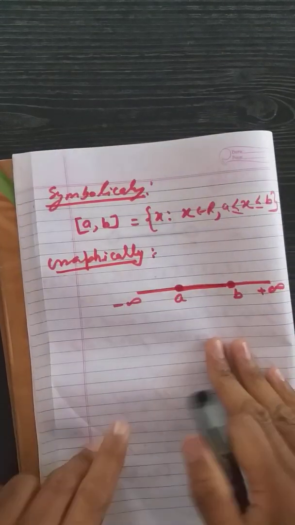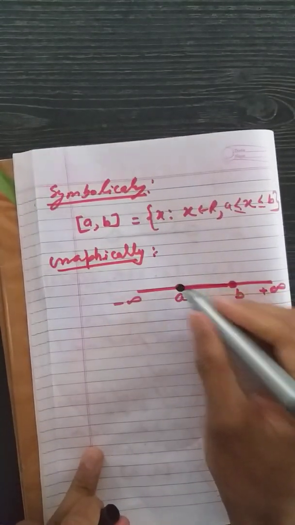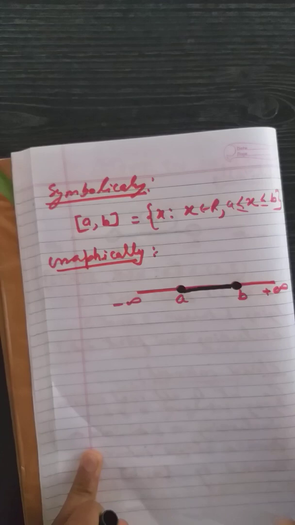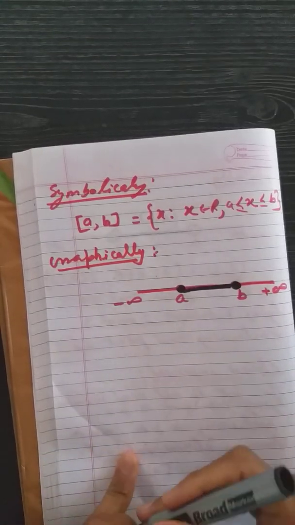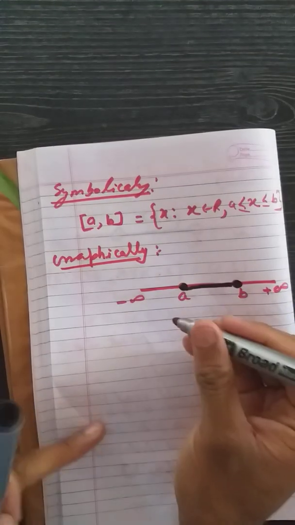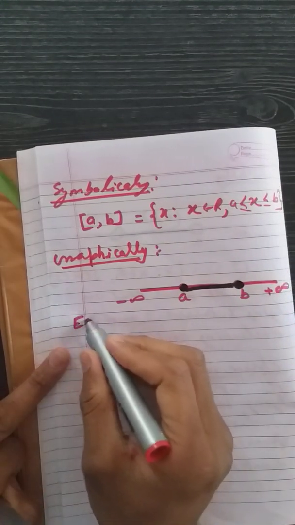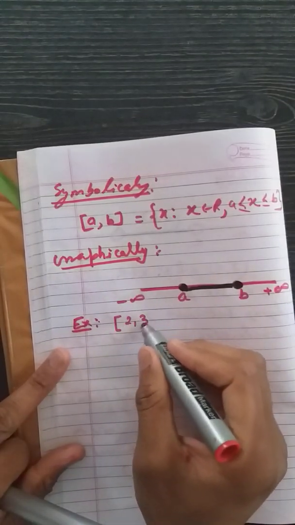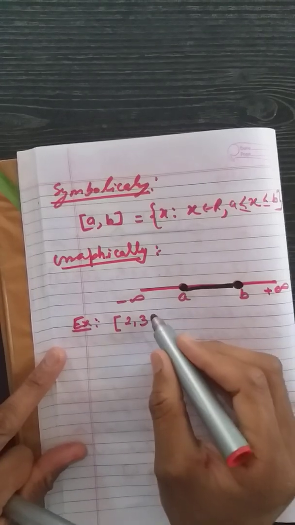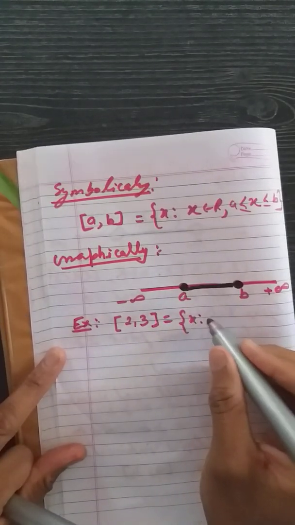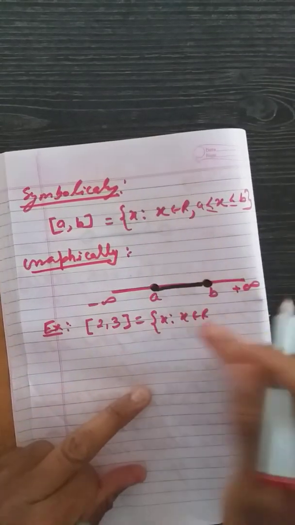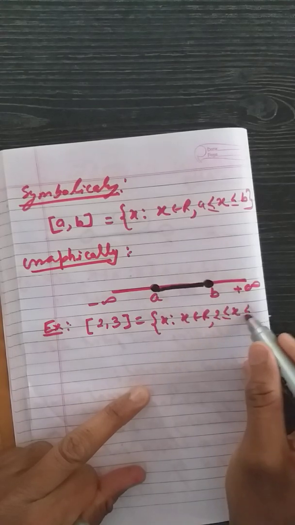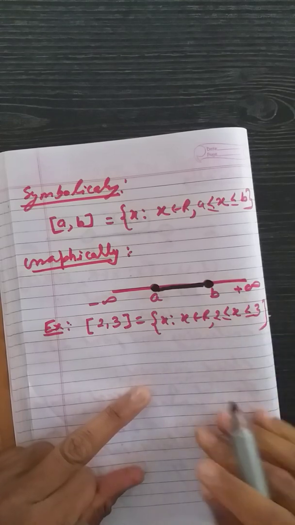Including a and b means I will darken the circles. Let us understand with the help of an example. The closed interval of 2 comma 3 equals x such that x belongs to R, the value of x greater than or equal to 2 and less than or equal to 3.